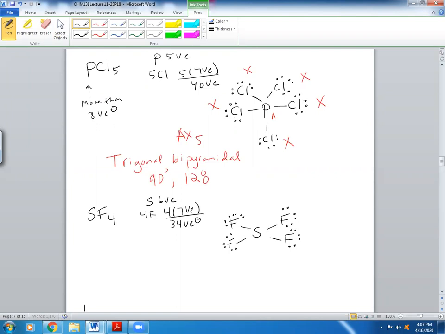So far, how many electrons do I have? Count: 8 plus 8 plus 8 plus 8 is 32. So you have 2 valence electrons left over. Where do they go? On the central atom, right here. Remember, they can take more than 8 because they're in period 3 and beyond.